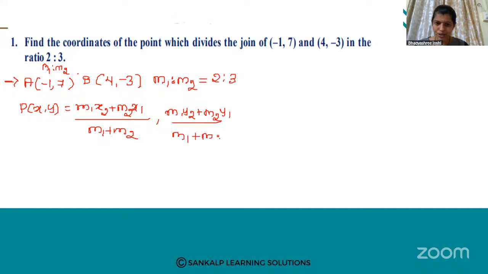This is our section formula, right? Now the next step is to substitute the values of x1, x2 and m1, m2 into the formula.